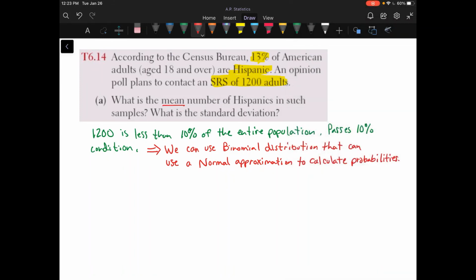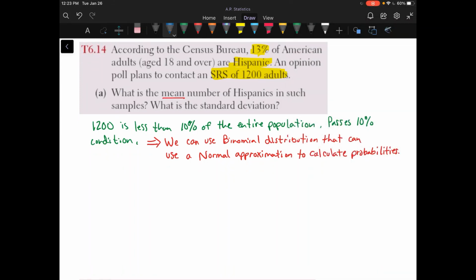This is good news. In these cases the mean equals n times p, and the standard deviation will be the square root of n p times 1 minus p.